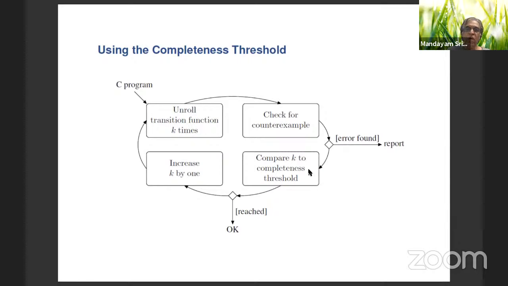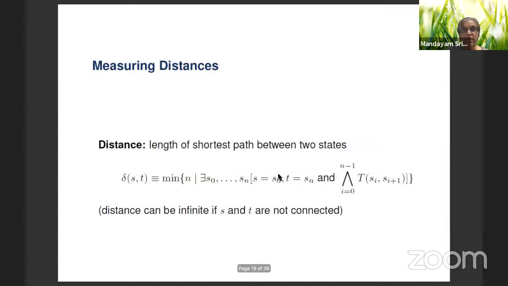If not, you compare k to the completeness threshold, which has to be computed once and for all for a given transition system and a given property. Then you keep increasing k by 1 up to that point. The more precisely you can compute this completeness threshold, the better it will be, and the less effort you will expend in doing this.